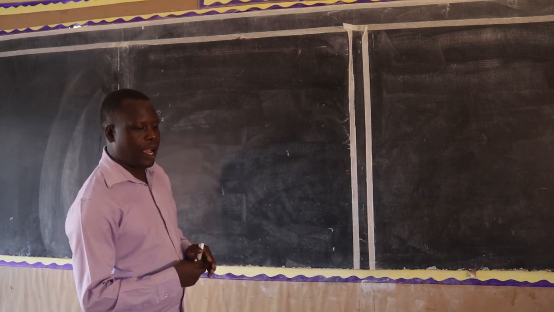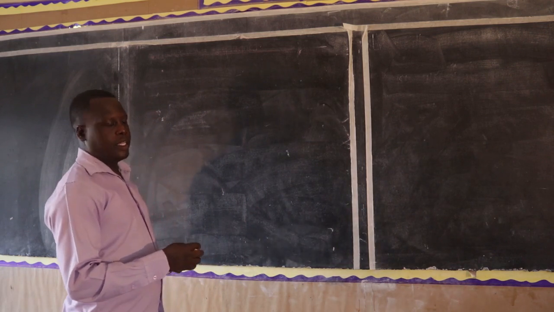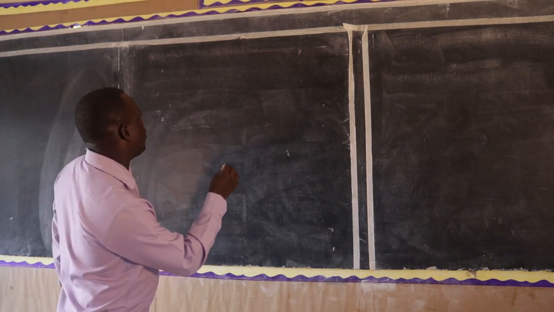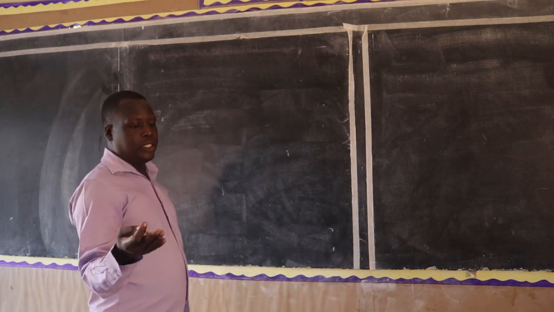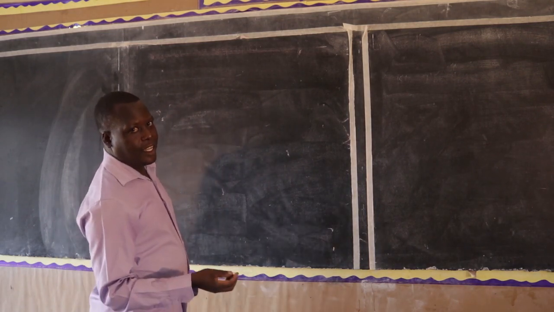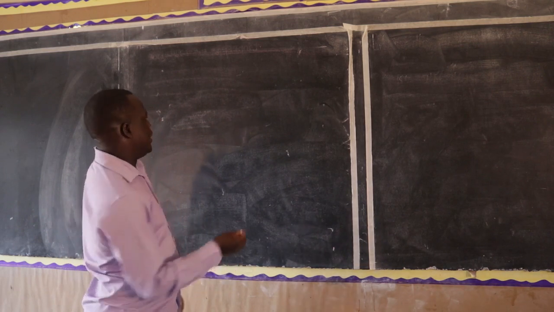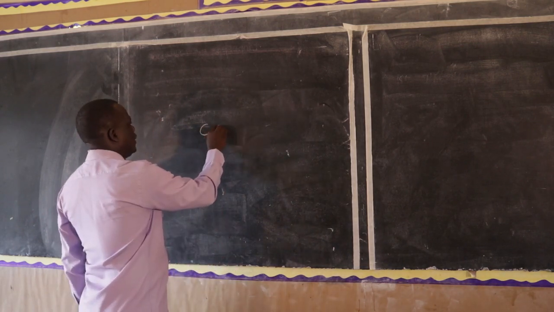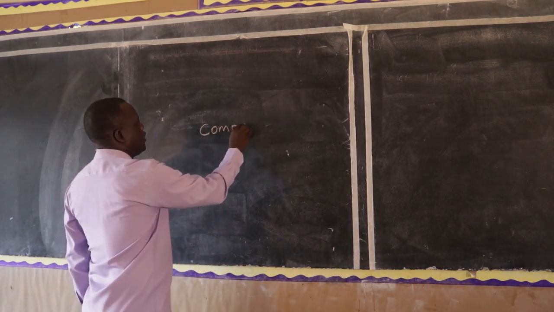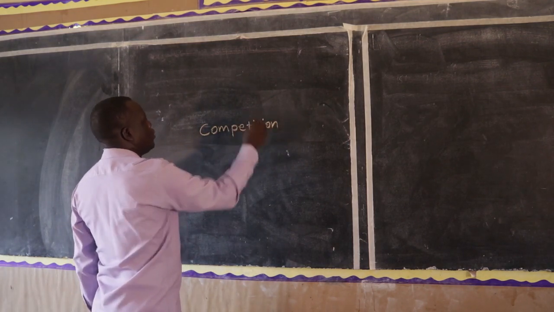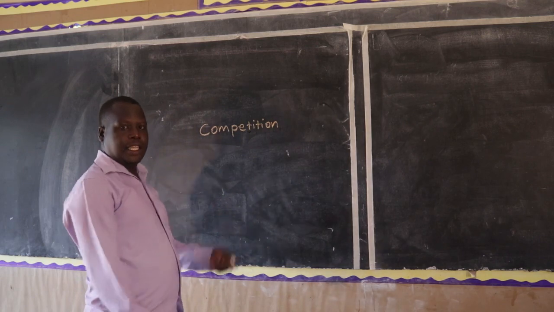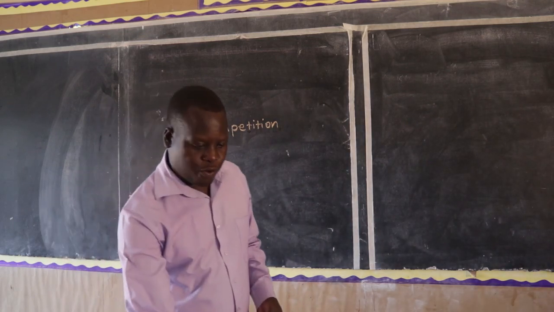And I wanted to have a bit of correction on the word competition. I know you must have checked in the dictionary and corrected it, and we wrote it with an E. So if you corrected it, that was nice and good.